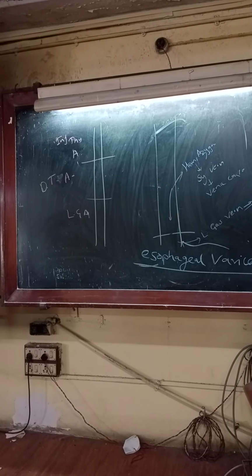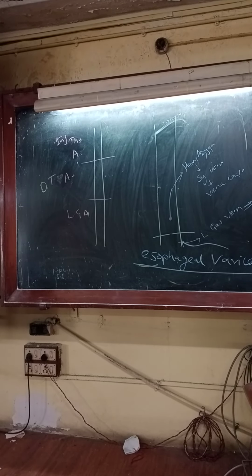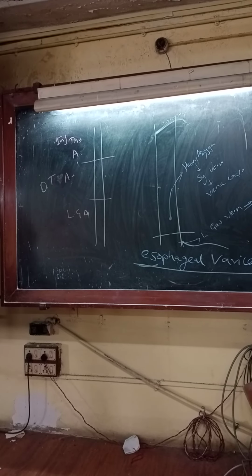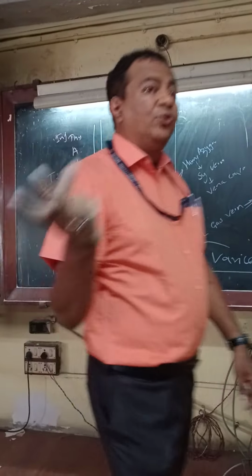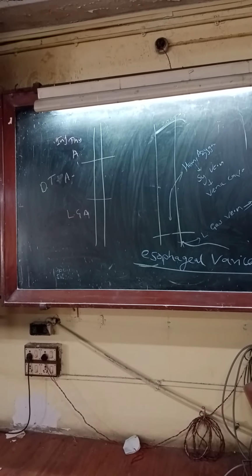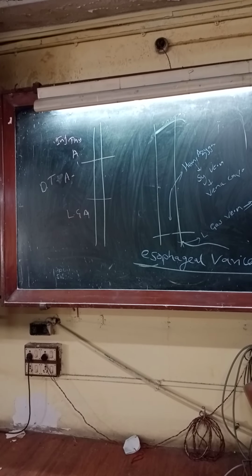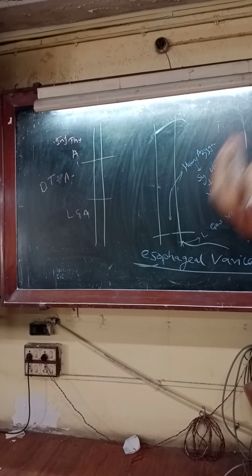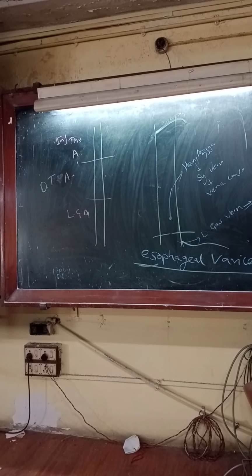We have studied varicose veins of the lower limb. Varicosity of veins happens at other locations also, like anal varicosities called hemorrhoids. Piles is dilatation of anal veins.